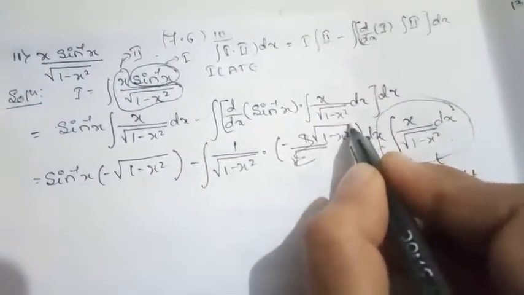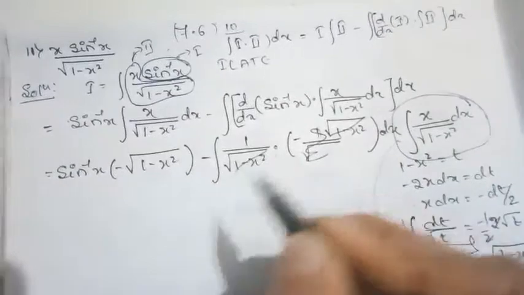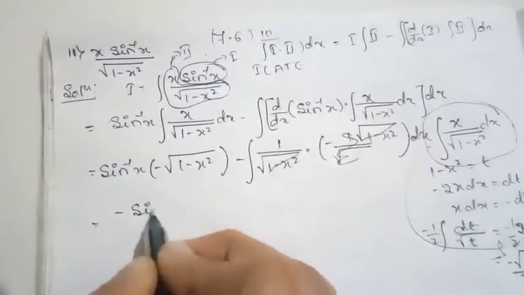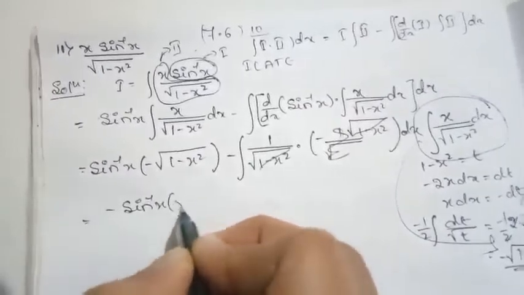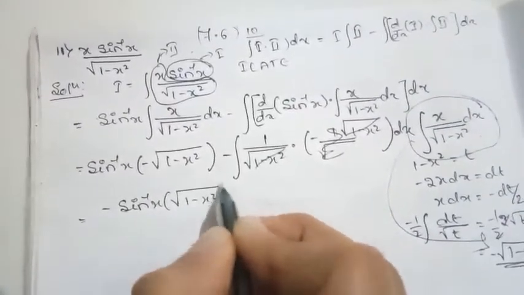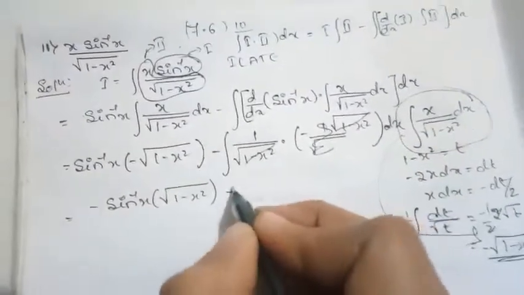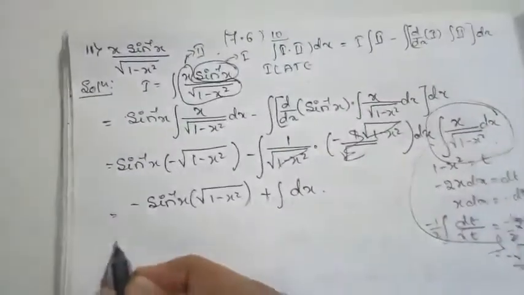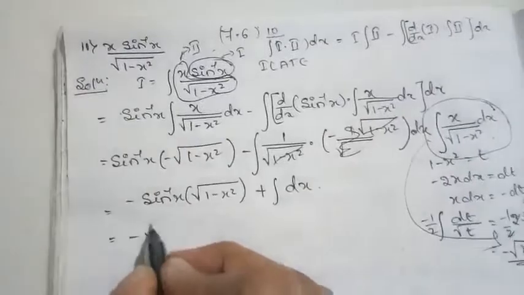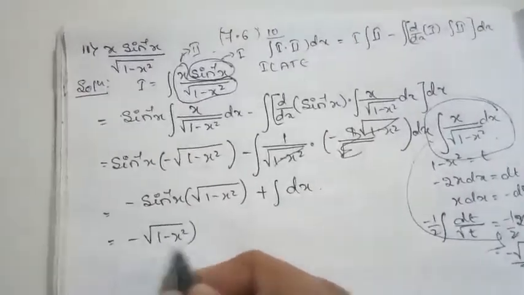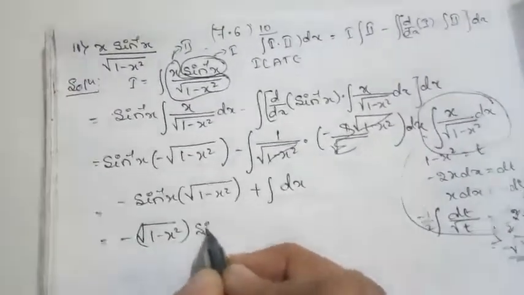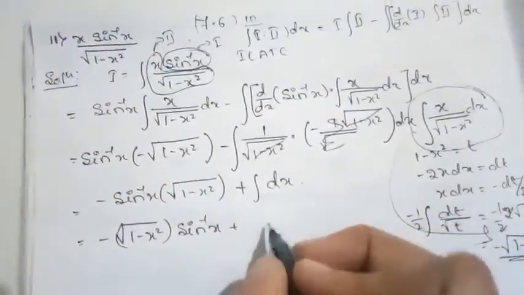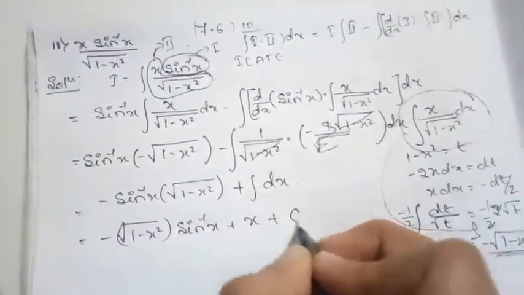Here root of 1 minus x square and root of 1 minus x square get cancelled. So the remaining is minus sine inverse of x into square root of 1 minus x square. Here this minus comes outside and it becomes plus integration dx. So this is minus square root of 1 minus x square into sine inverse of x, plus integration of 1 with respect to x, which is x, plus c.